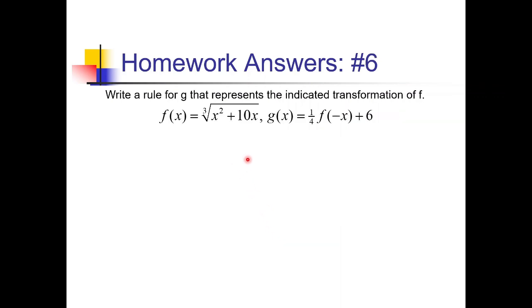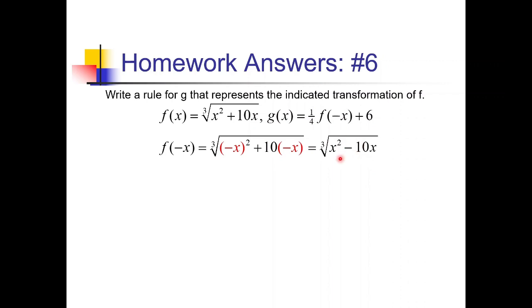For this problem, they want us to write a rule for g that's a transformation of f. So I'm going to do this in a couple steps. g is just f of negative x. So it'd probably be helpful to figure out what this looks like if I plug in negative x for x here. So all these x's will get negatives. The negative x squared is just positive x squared, whereas this 10 times negative x becomes a negative 10x.